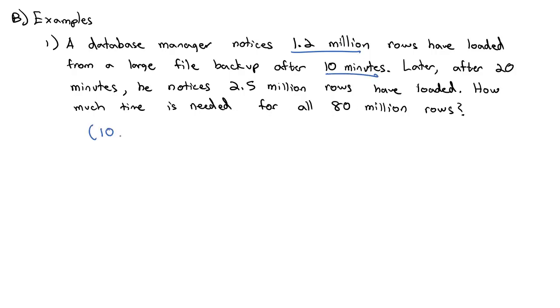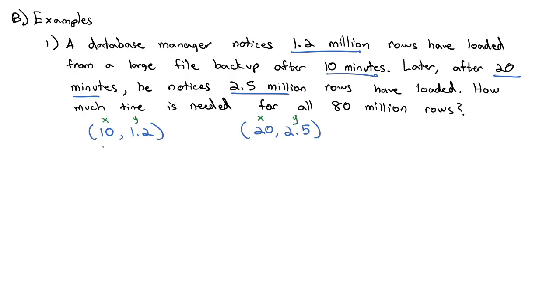And so if 10 minutes is my independent variable, we get 1.2, and we'll leave off all the zeros and just know that our rows are in millions. For our second point, we see that after 20 minutes, there's 2.5 million rows. Notice we've got x and y on both of them.